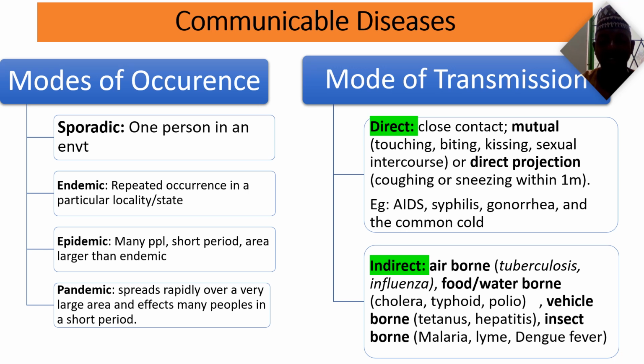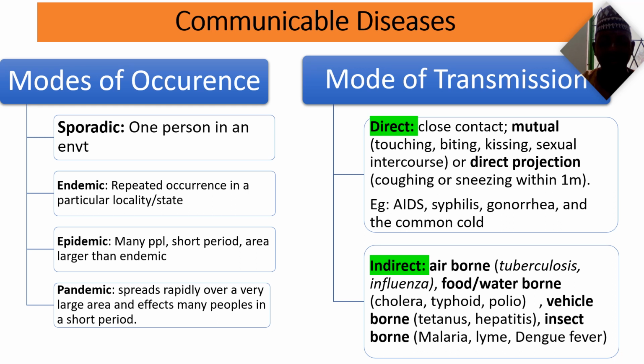Now, another type of indirect transmission is vector-borne or insect-borne transmission of diseases. Insect-borne transmission is a type of disease transmission in which the pathogens are transmitted from an infected person to a healthy person through insects, maybe through insect bites.